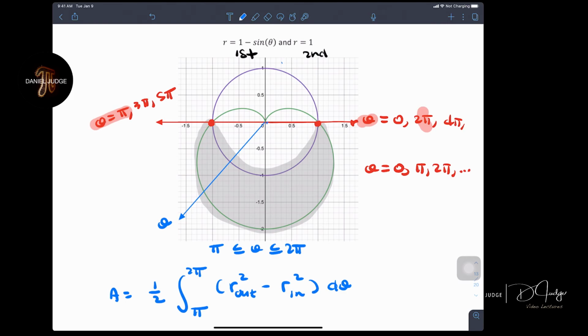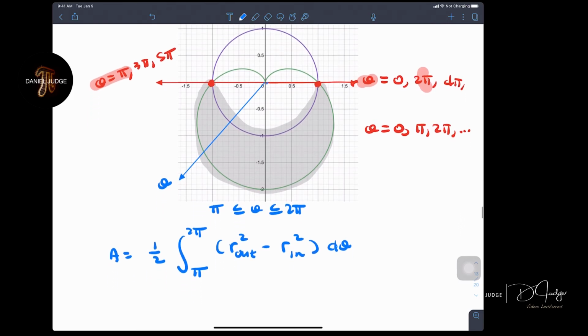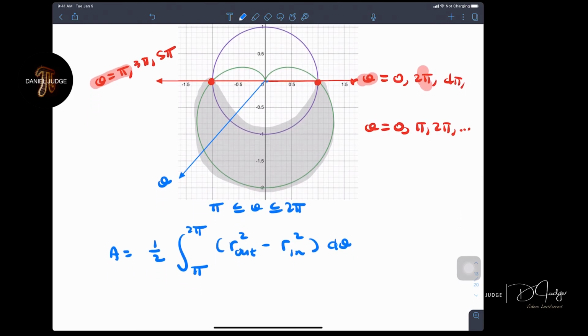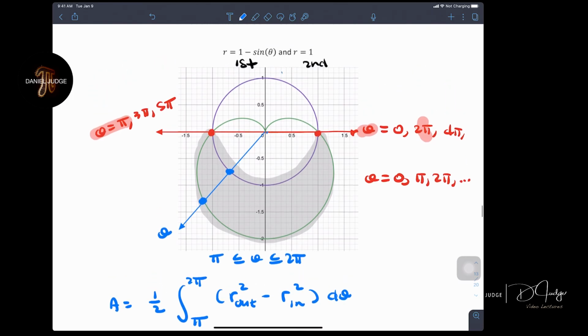So r outside minus r inside. Now, the outside curve here is the cardioid in green there. And in purple is the circle. So the cardioid is 1 minus sine theta. So if you can see that there, this is the green curve. Here's the cardioid. So that's what I'm going to replace that r with. And I guess this is purple now. The circle, r is 1 there.